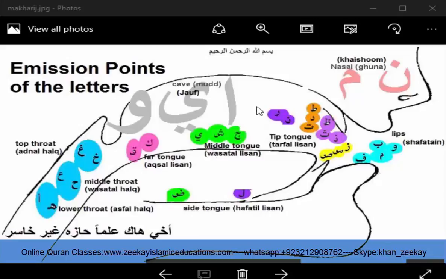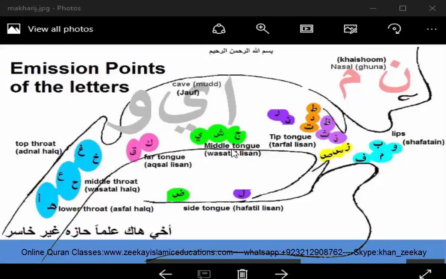We learned about the letter ya in the first origin, but that was ya madda. This is ya mutaharrik, having any fatha, dhamma, or kasra on it. Ya madda is that ya which has a jazm sign on it and is read by joining another letter with it, while ya mutaharrik is read on its own.